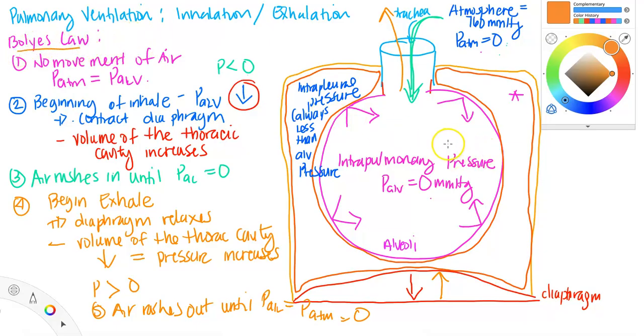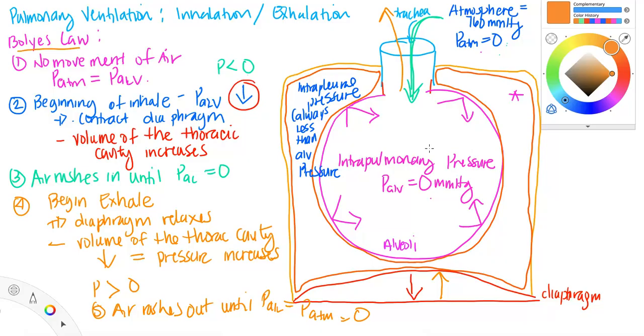So when you take a breath in, the air comes in because the diaphragm contracts and makes the thoracic cavity bigger, increases the volume, pressure goes down less than 0. Air rushes in. Equalizes to 0 again. Air stops moving for a moment.